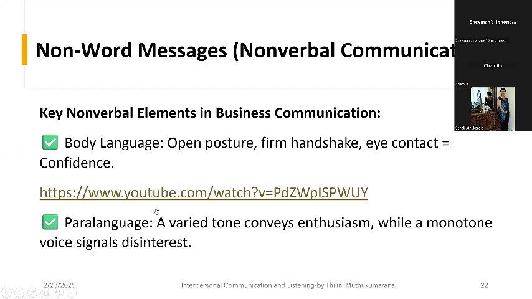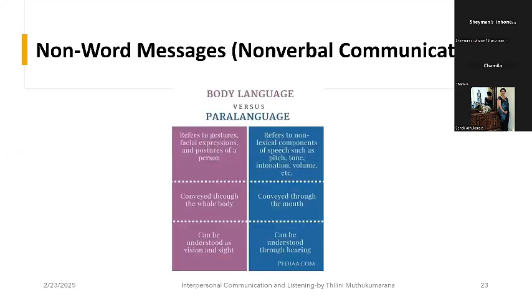Okay, so now we'll go into a little bit of detail about body language and how it's different from paralanguage. I don't know whether this is visible for you. So mostly to understand body language, you use gestures, facial expressions, and postures. And when it comes to paralanguage, it refers to the speech part: the pitch, tone, intonation, and volume, right?